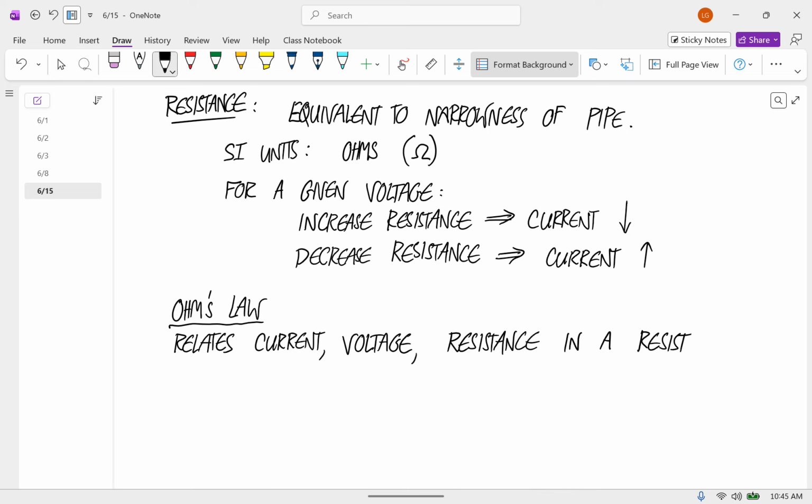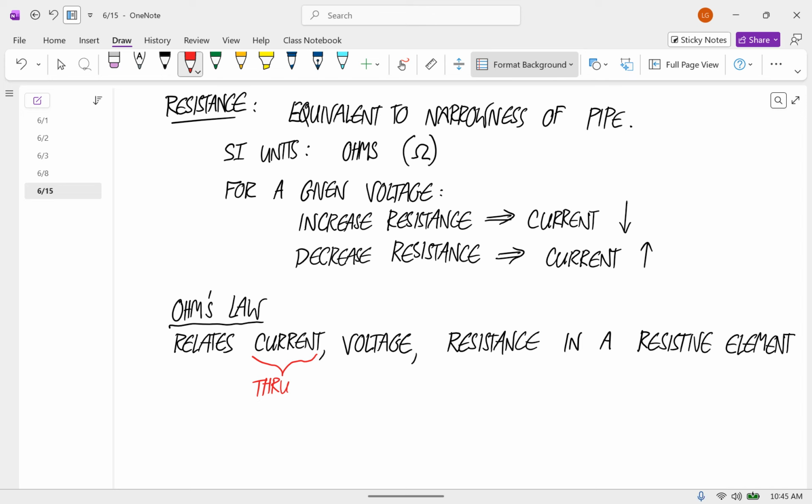Just for getting used to talking about this stuff, when we talk about current in a device, we're going to talk about the current through the device. When we talk about voltage, remember, voltage has to deal with two different points.